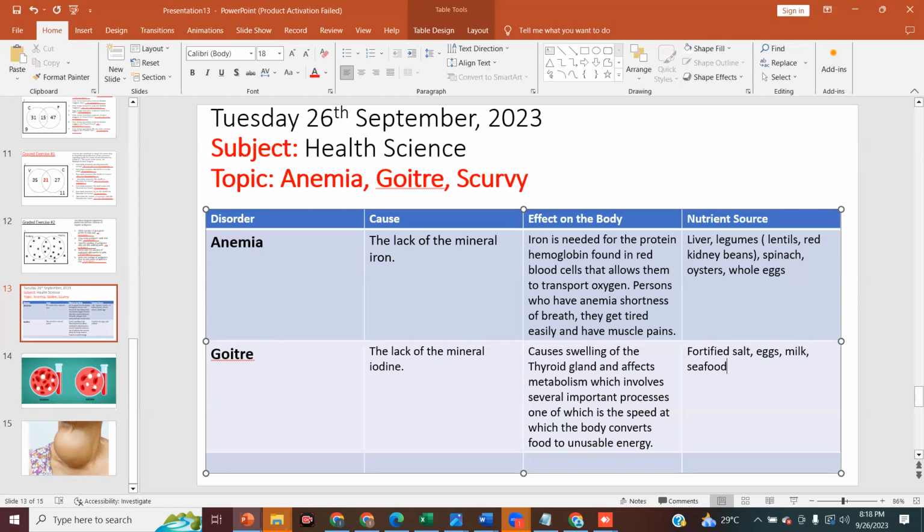Dairy products are high in iodine. Seafood, such as tuna and cod, are high in iodine as well. Mr. Bassi, what about fish? Yeah, fish. Also seaweed, shrimp, all those things.